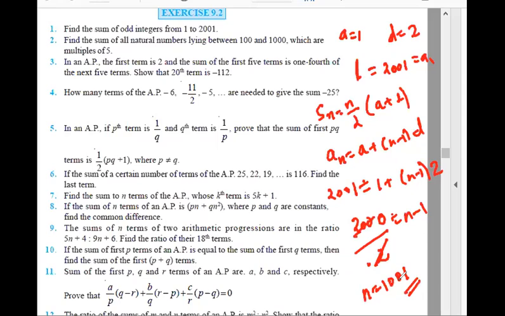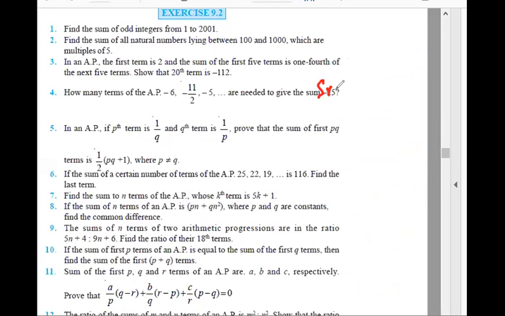Agree? Anyone have any issue in this? Navya, you're getting it? Everyone is getting it step by step. Try to understand this. Okay, after getting N, we know that Sn is equal to N by 2 into A plus L. So N is equal to 1001 by 2 into A is 1 plus L is 2001.